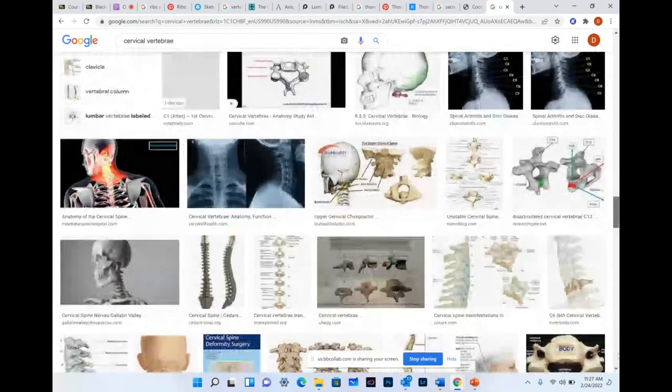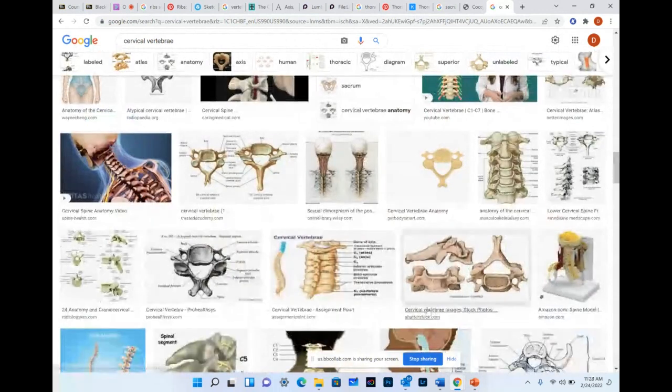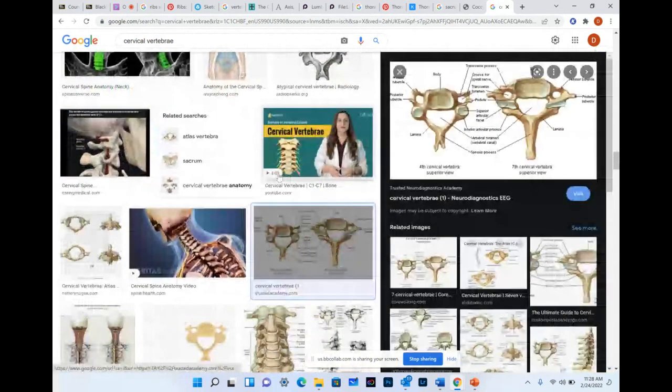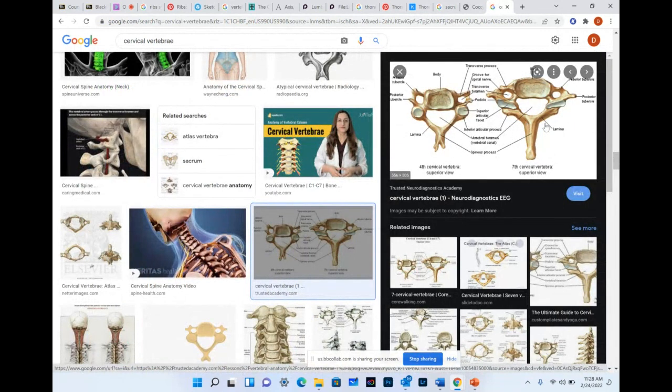Well, I'll let you know. When you look at them, they are going to look like little baby elephants with their trunks sticking out. Okay.